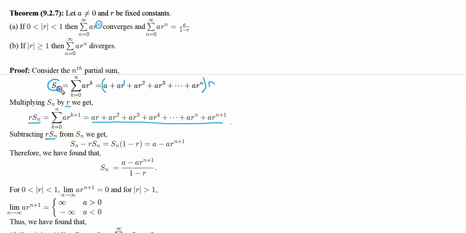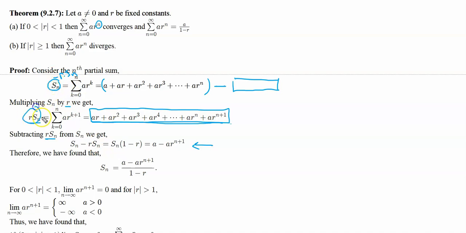So if we take this side right here and simply go minus r times s sub n, and we take this, and we subtract from it what we have down here, what we end up with is this statement right here, that s sub n minus r times s sub n. So that's what we have, just by taking the left-hand side here and subtracting this.